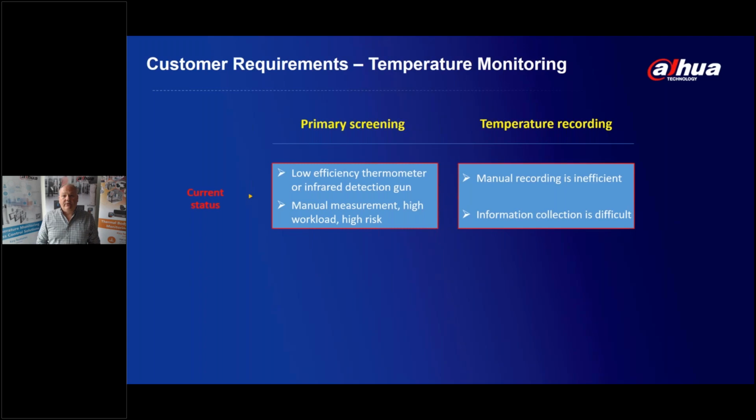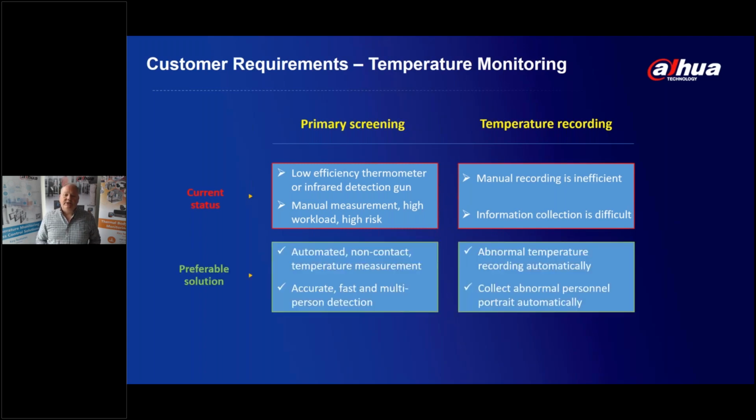And if you want to keep a record of that information, it's a very manual process. So what a lot of customers tell us is they want an automated non-contact process that is fast, efficient, and can detect multiple people at the same time. And if you want to record the data, you can do that automatically and produce different reports along the way.